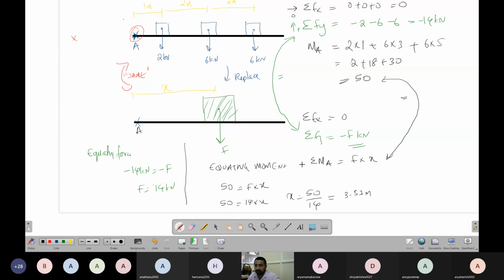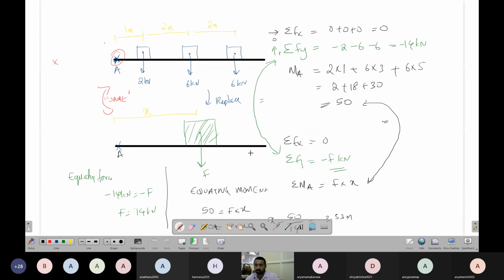This means the entire system of forces, I can replace with a force of 14 kilonewton at a distance of 3.57 meters. It will be the same. I'll also tell where we will use this. So let's say we duplicate this.